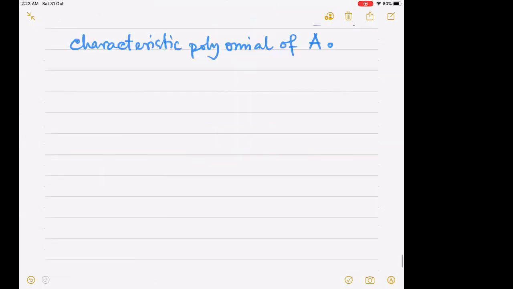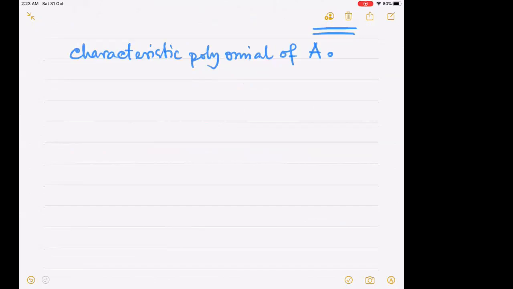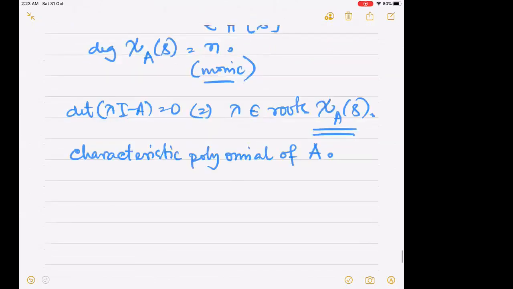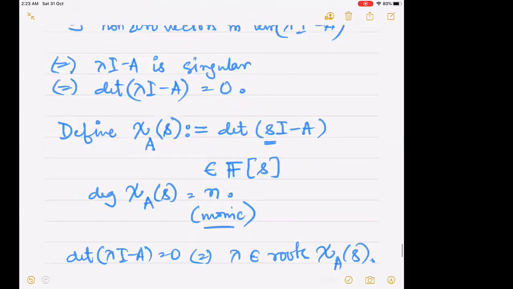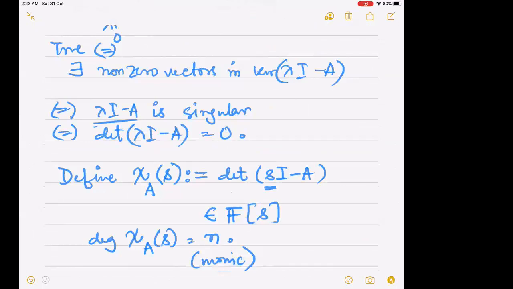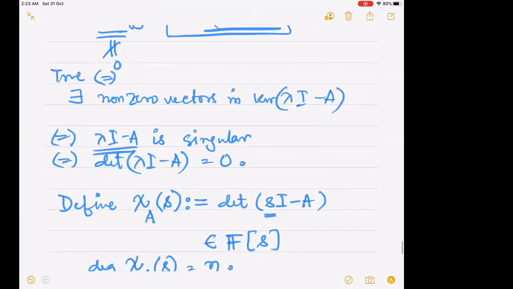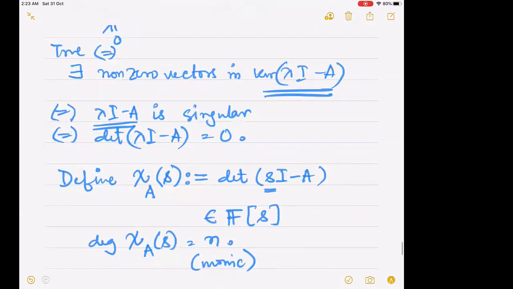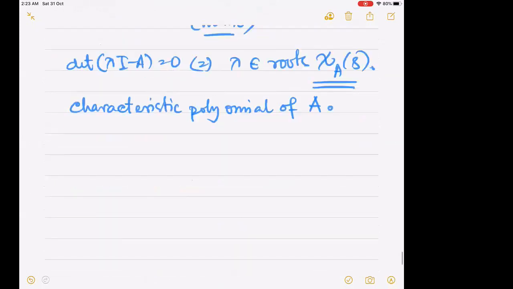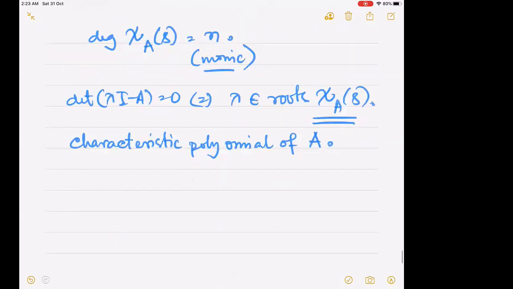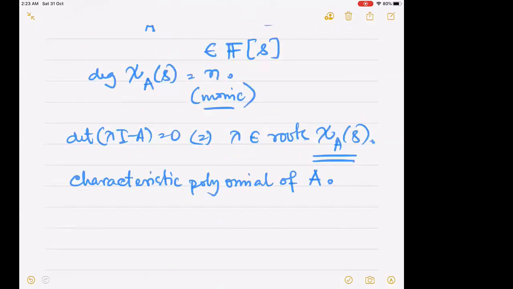Now notice something interesting. This lambda I minus A is singular. That is, there exists a non-zero vector in the kernel if and only if lambda is a root of this chi A of S. So let me write this also: the kernel of lambda I minus A is not just 0 if and only if the determinant of lambda I minus A is 0.